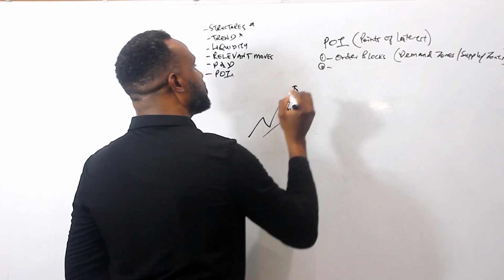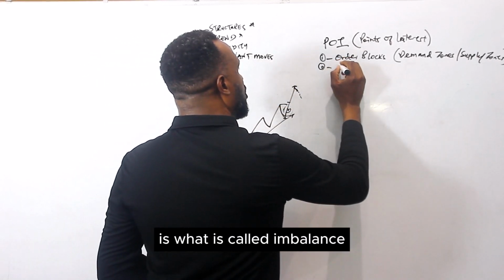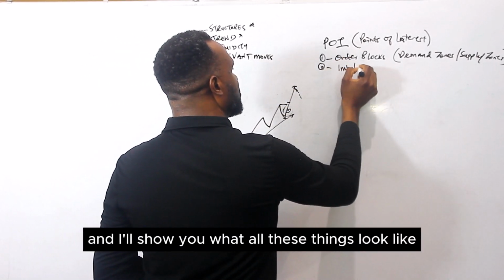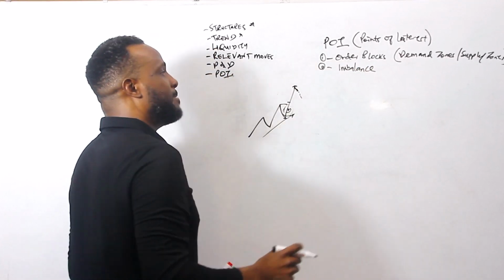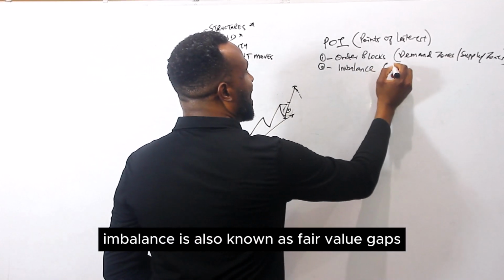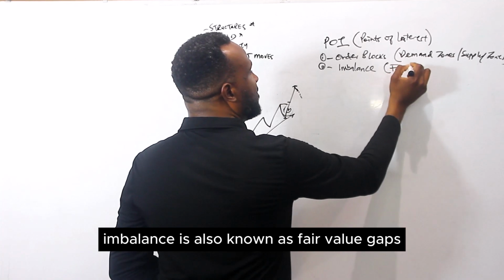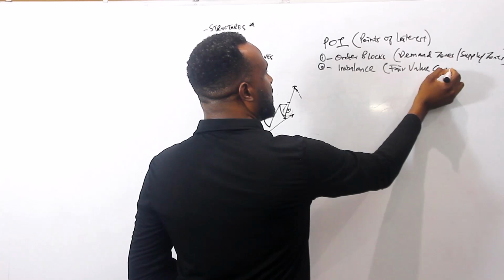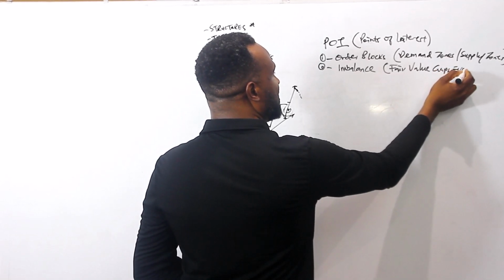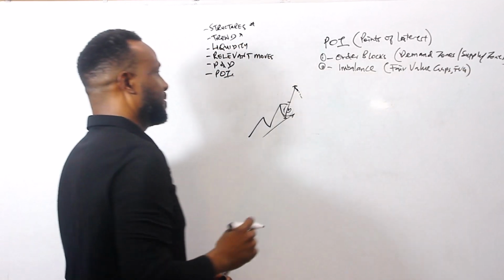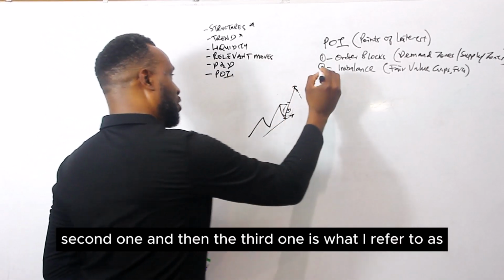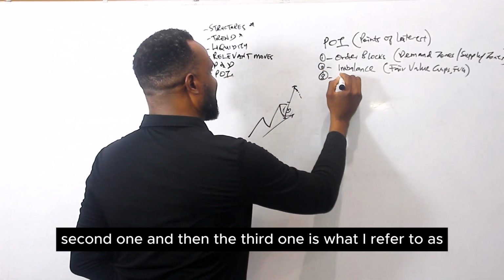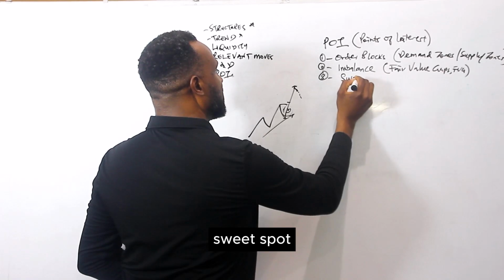Number two is what is called imbalance. And I'll show you what all these things look like. Imbalance is also known as fair value gaps, FVGs, right?